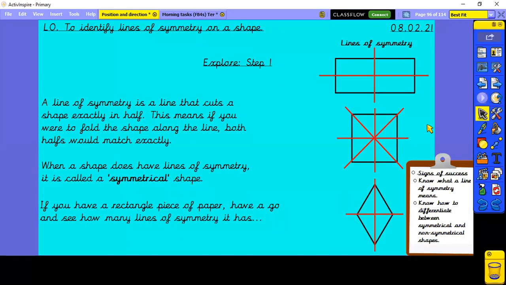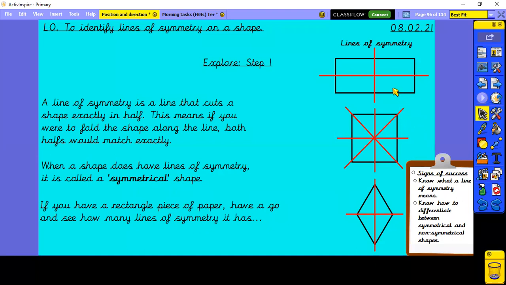Okay, so I'm going to read out this definition and then you can have a look at the pictures here to help you visualise what lines of symmetry are. A line of symmetry is a line that cuts a shape exactly in half. This means that if you were to fold the shape along the line, both halves would exactly match.